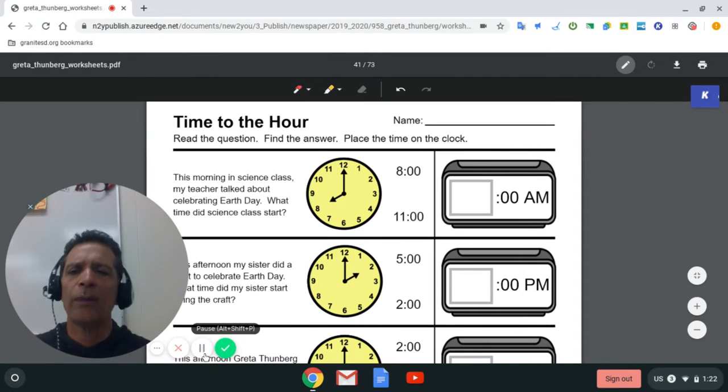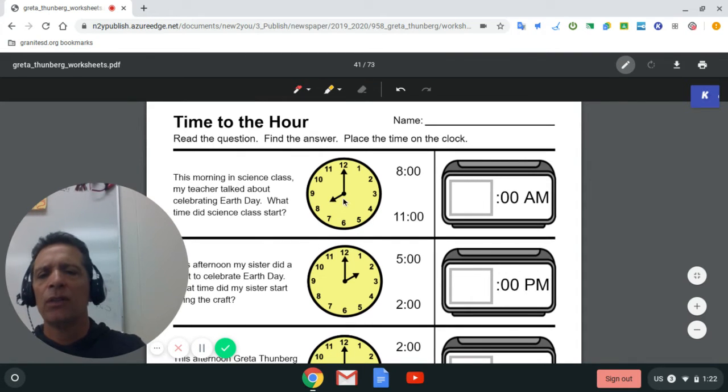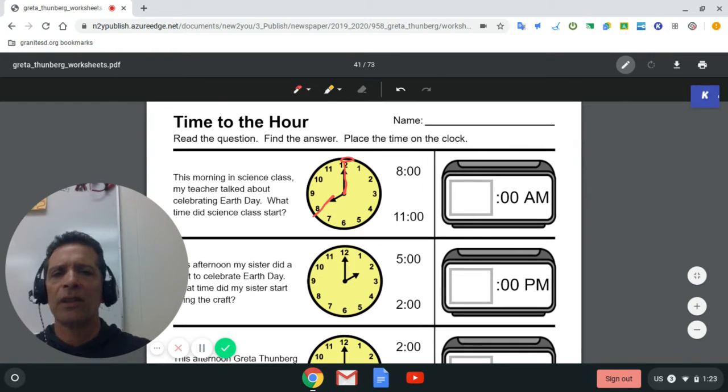The next one is time to the hour. Should be pretty easy for you guys. We say what number the shorthand is pointing at. So that's going to be 8. The longhand, if it's pointing at the 12, we say what? O'clock. The time is 8 o'clock.